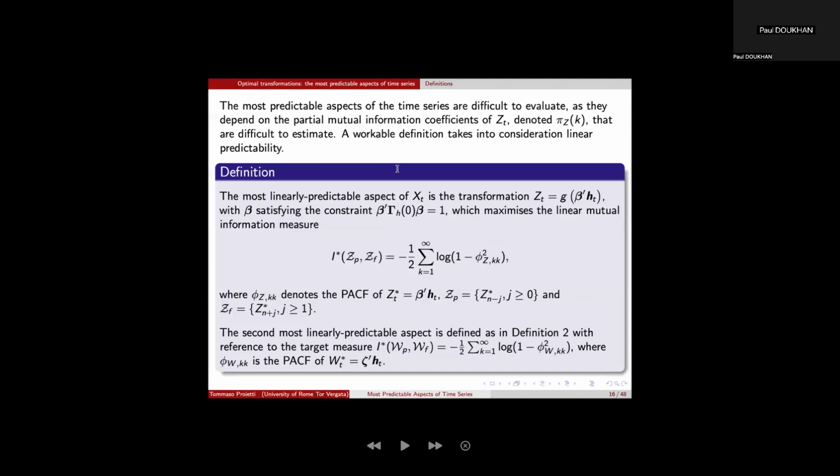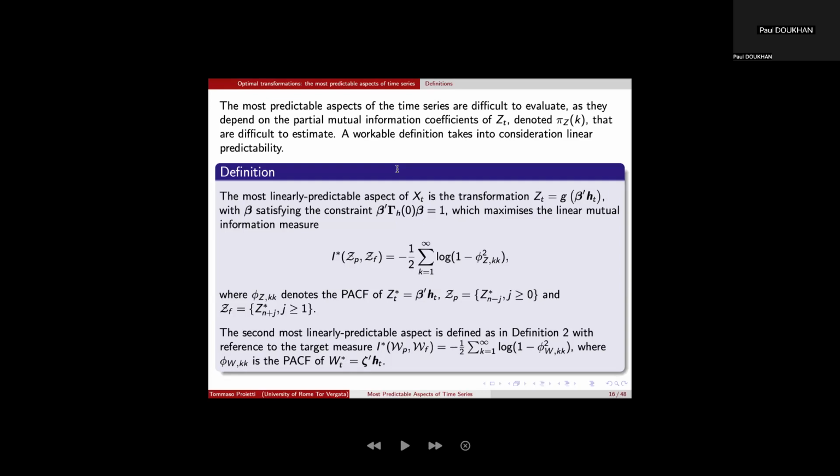it's typically difficult to get because measuring the partial mutual information of the ZT process is typically difficult. So I will scale down my objectives and do something easier. I will use this definition.